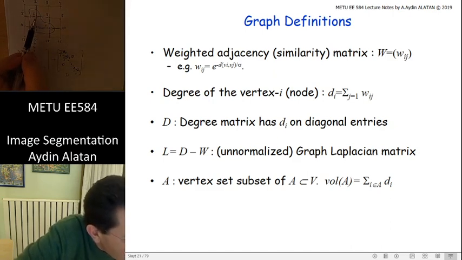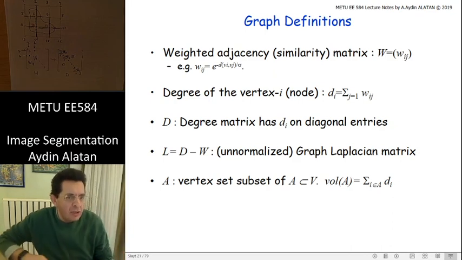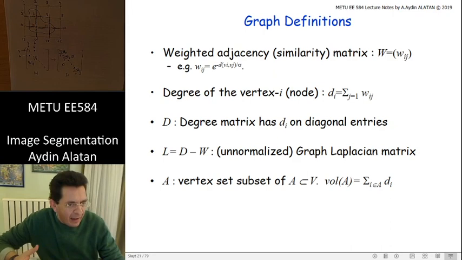The volume of A means all the nodes in segment A, and the sum of the similarities to their neighbors is stored in volume A.